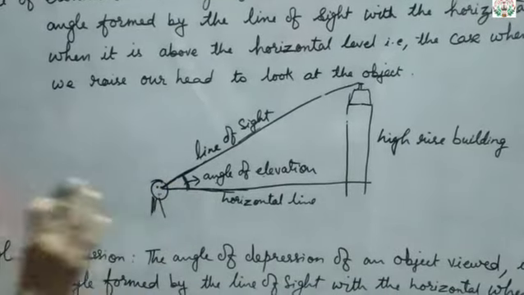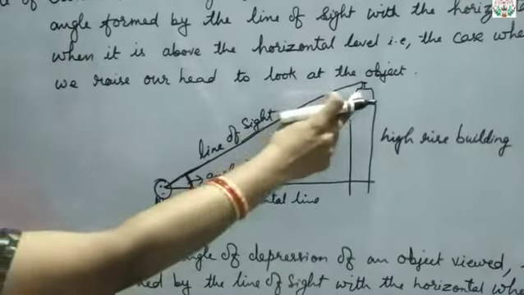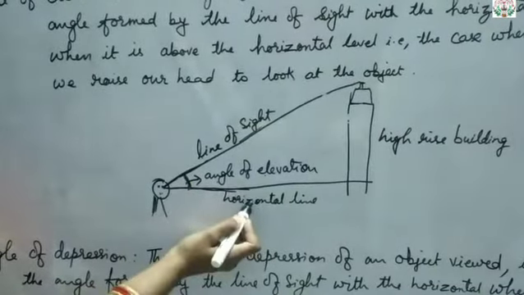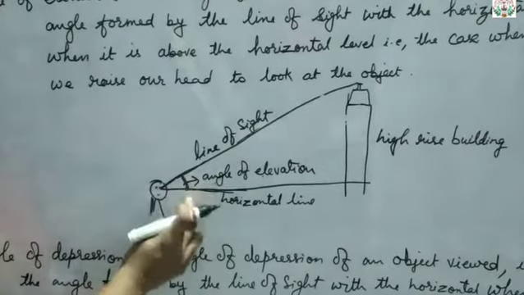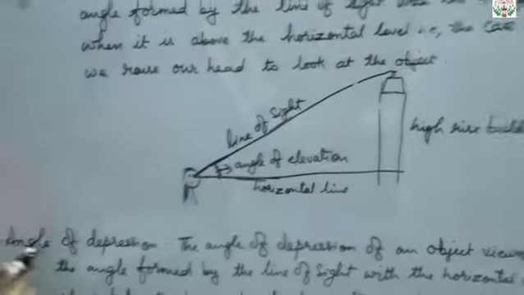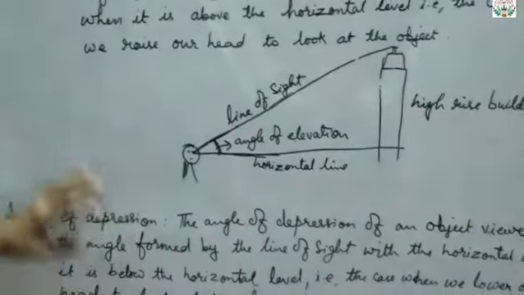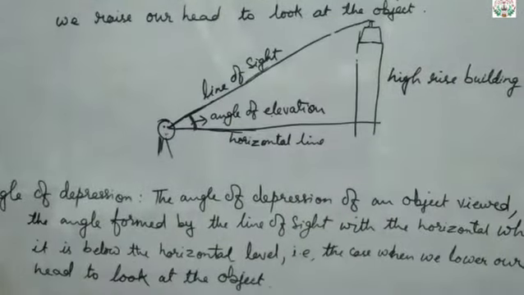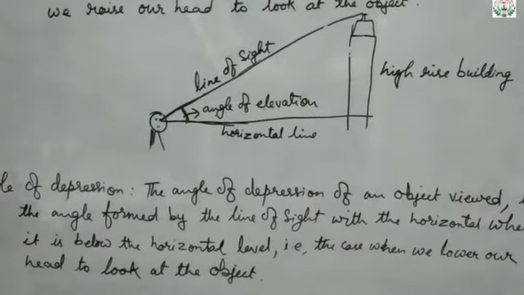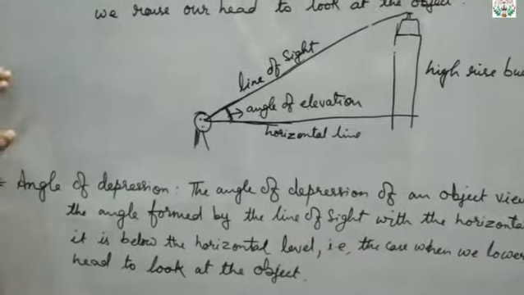So whenever you raise your head to see an object above the horizontal line, angle of elevation is made. These three points are very, very important in height and distance. That is why first I am explaining this, and again we will deal with the questions.